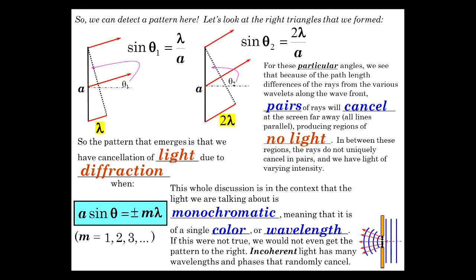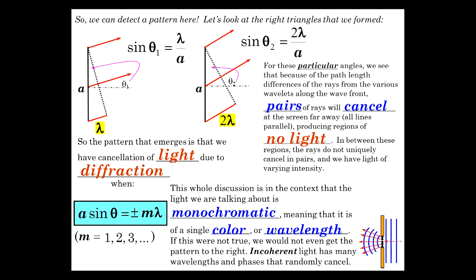If that wasn't true, then we have a whole cacophony of different wavelengths interfering kind of at random. They're all at different phases, crests and troughs, meeting all over the place, and you just don't get this result. It's way too complicated. The various wavefronts randomly cancel at all different places. You don't get any patterns of light and dark in that case.